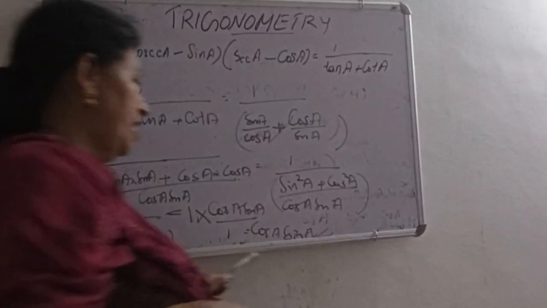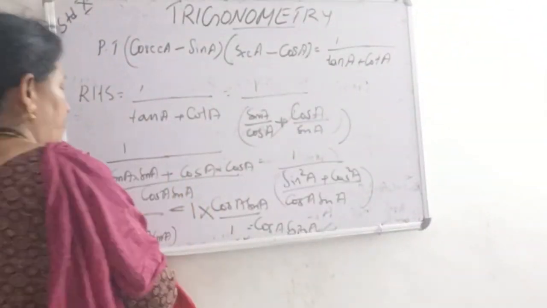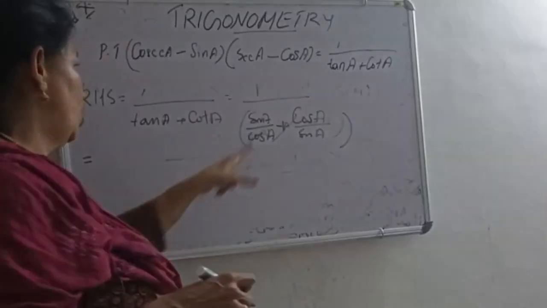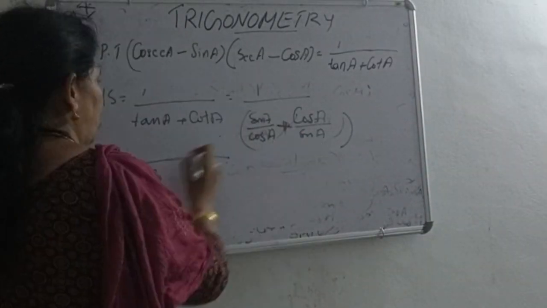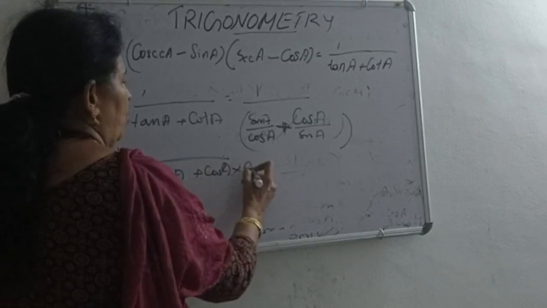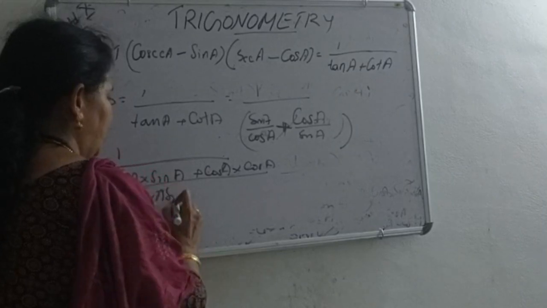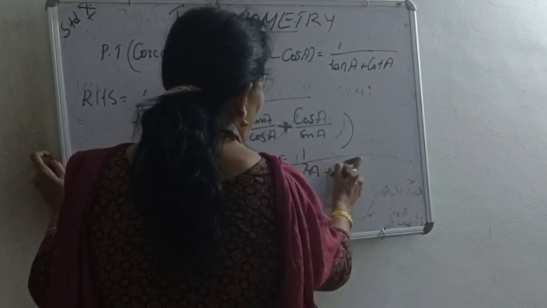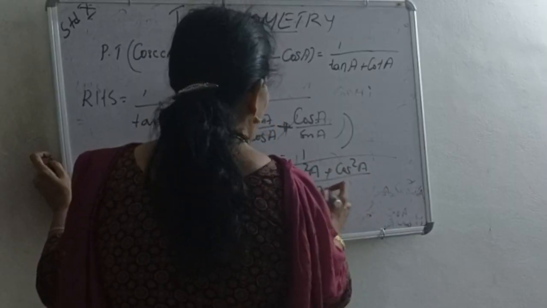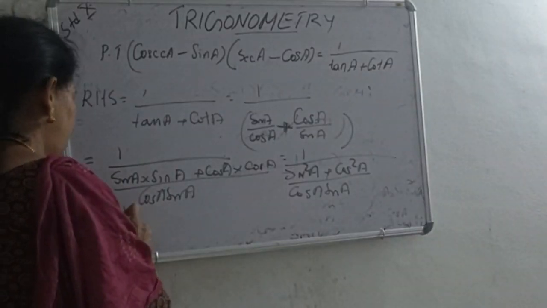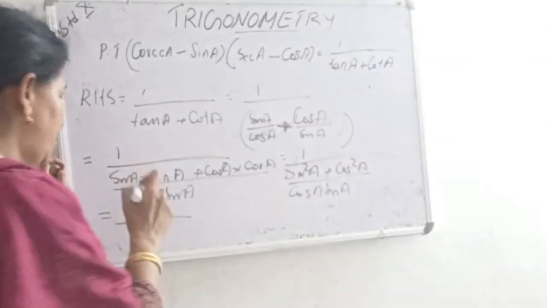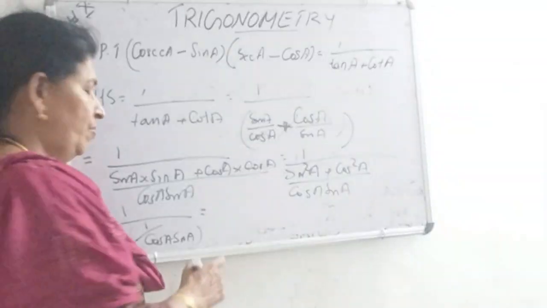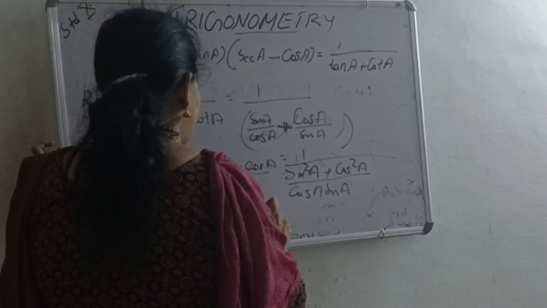In this case we do LHS and RHS separately. 1 by tan A plus cot A, where tan is sin by cos, sin A by cos A, and cot A is cos A by sin A. Then cross multiply: sin A into sin A plus cos A into cos A by cos A sin A. Equal to 1 divided by sin square A plus cos square A by cos A sin A. We know sin square A plus cos square A is 1, so 1 divided by 1 by cos A sin A. The denominator is a fraction, so we write 1 into, reverse that, cos A sin A by 1.